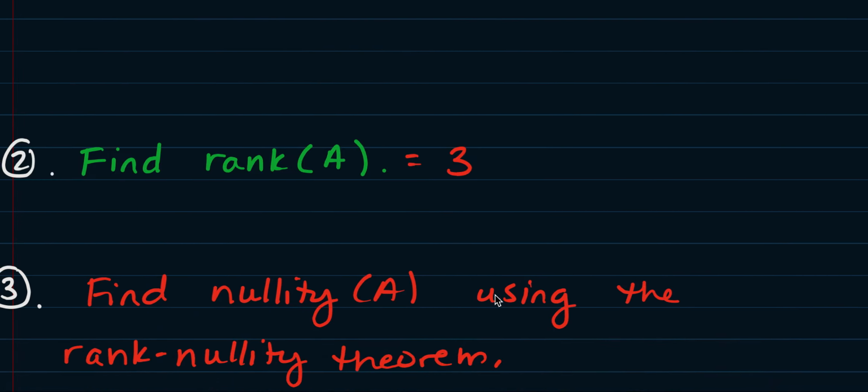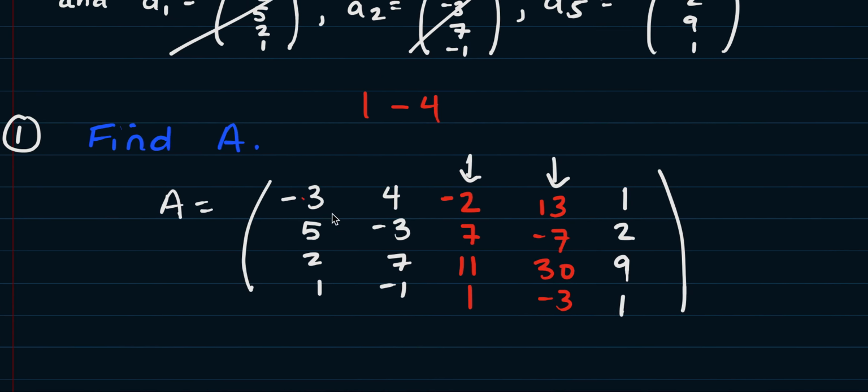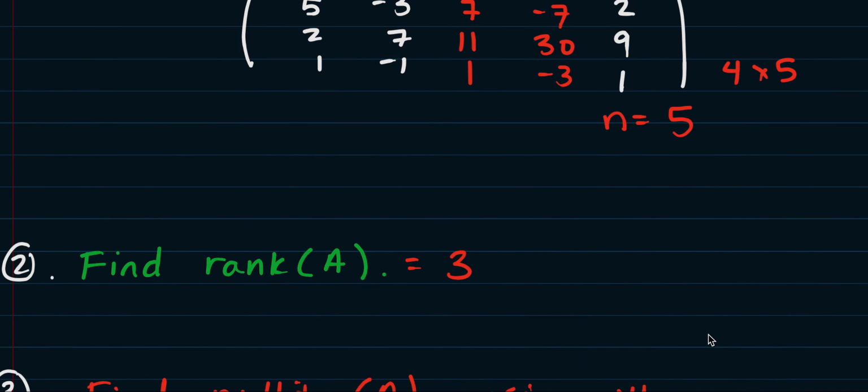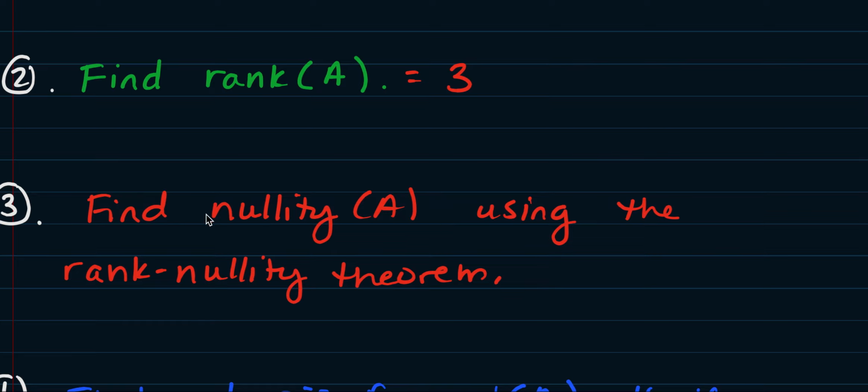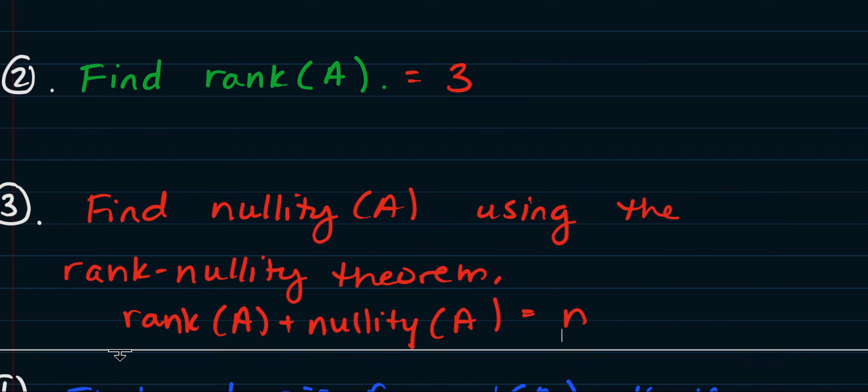The nullity of A, we're going to figure it out by using the rank nullity theorem. What size is this matrix A? This is a 4 by 1, 2, 3, 4, 5. N is 5. So the rank nullity theorem says that the rank of A plus the nullity of A is equal to N. Here we know that N is 5.